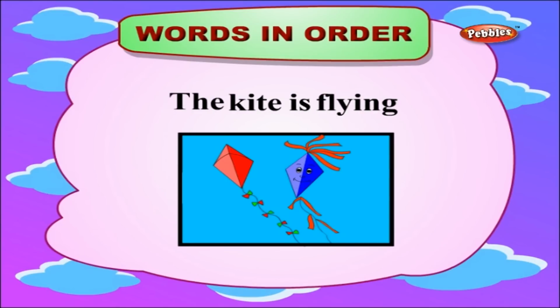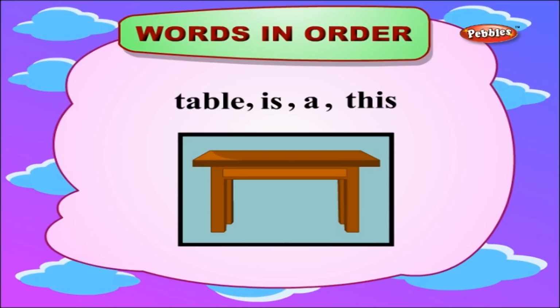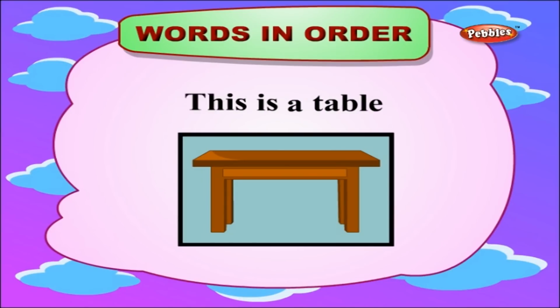The correct order will be: the kite is flying. Table is a this. Now arrange these words. The correct order will be: this is a table.